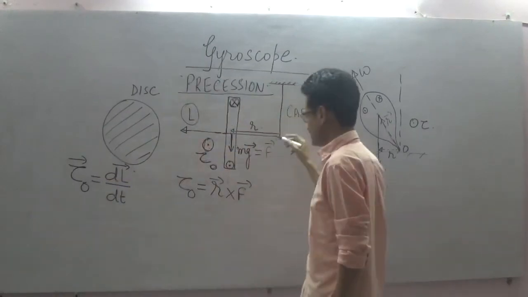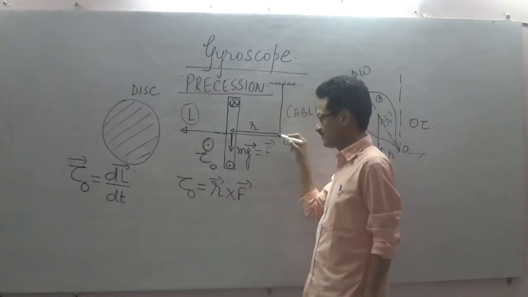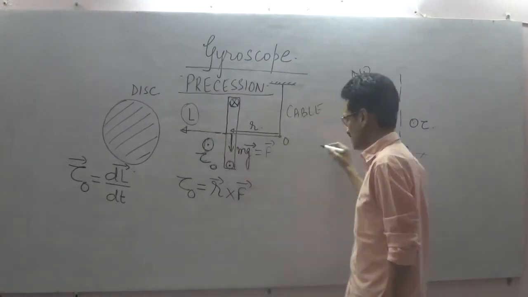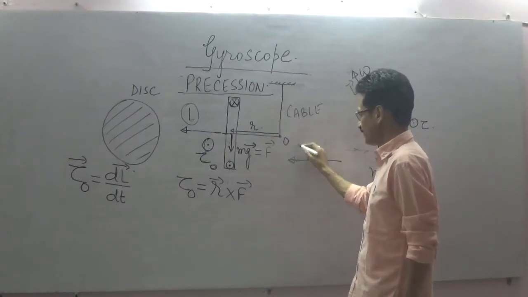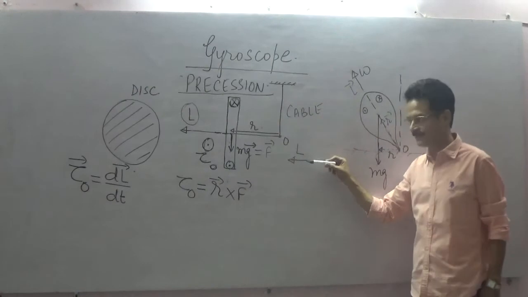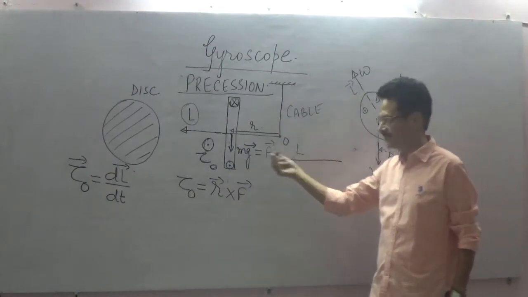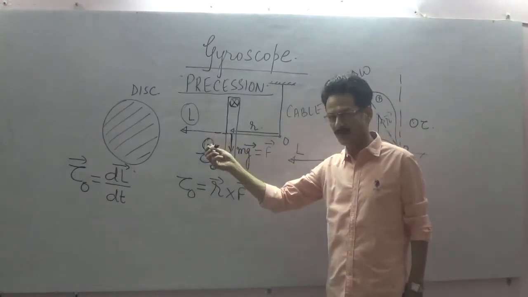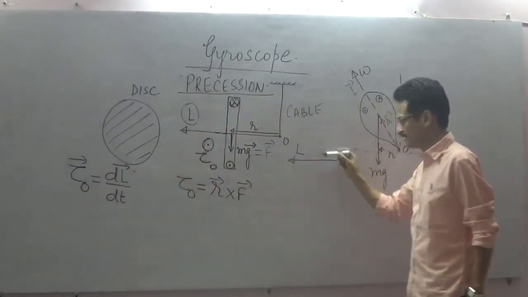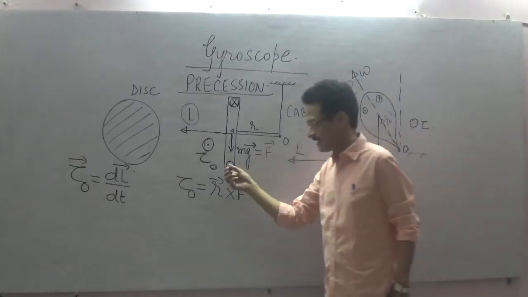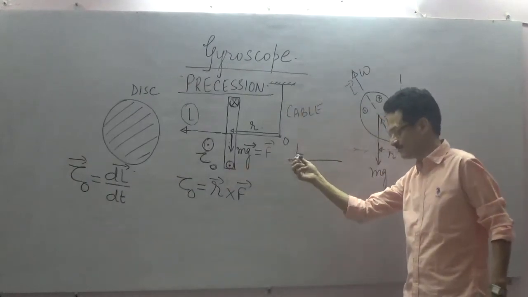So now initially at this position, this is the direction of L vector, and this is the direction of torque. So this will be the direction of dL vector.